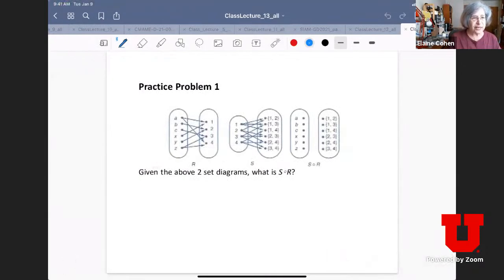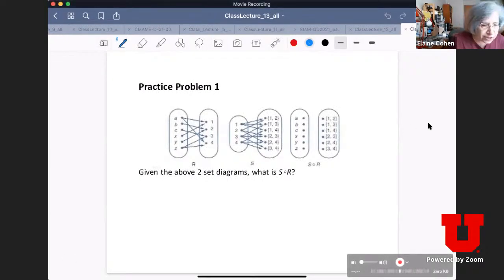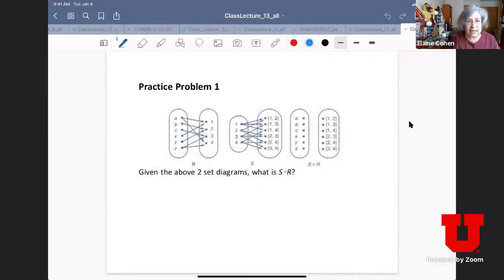So the first thing that we're going to do is a problem involving relations. We talked about composing relations before, and here's an example that I want to go through with you in class today. I have two diagrams.